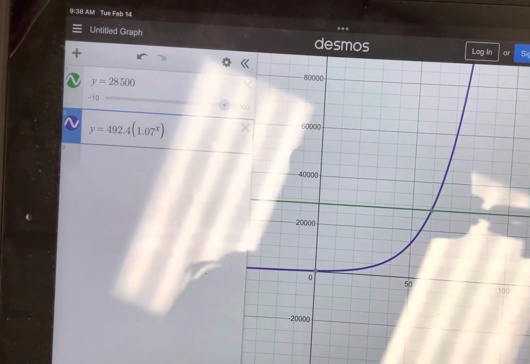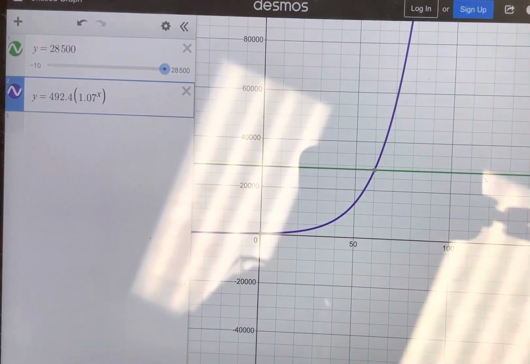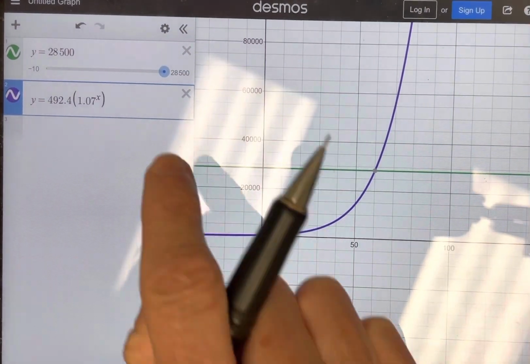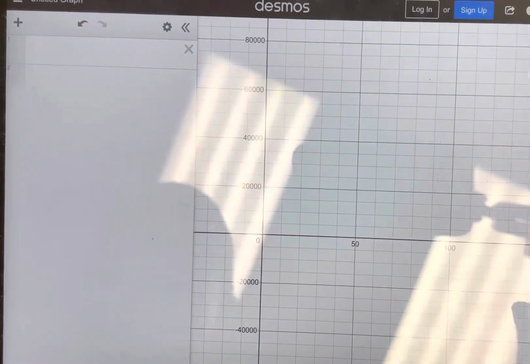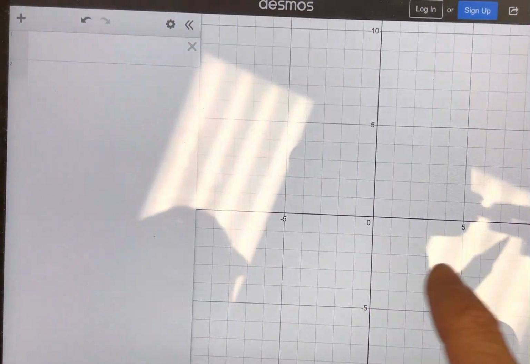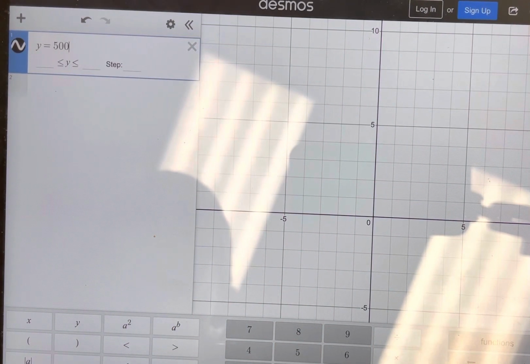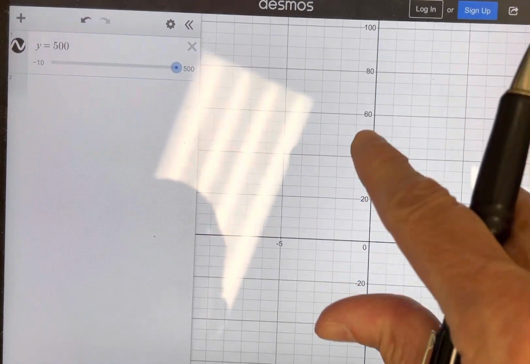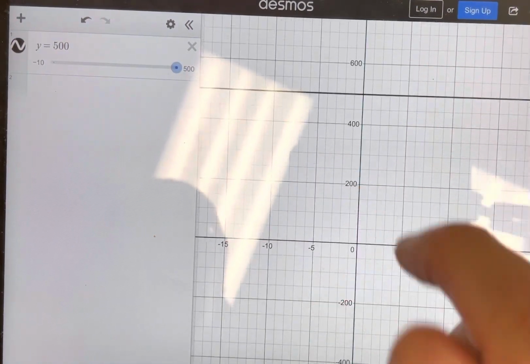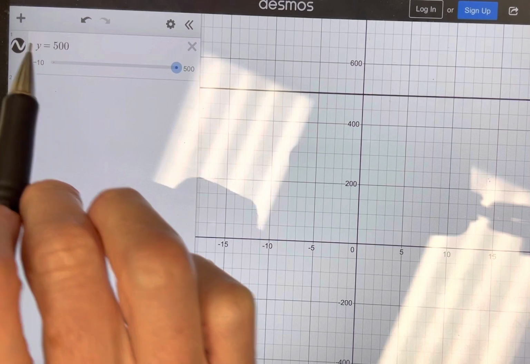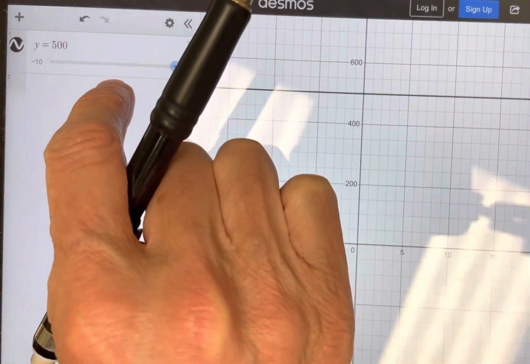Okay, back to here. Let's get rid of this and get rid of that one. I'll press my home button, get back to my home screen, and this one says, my left side is Y equals 500, and that's up here somewhere, so let's pinch this together. There it is. In my case, it's a black horizontal line there.